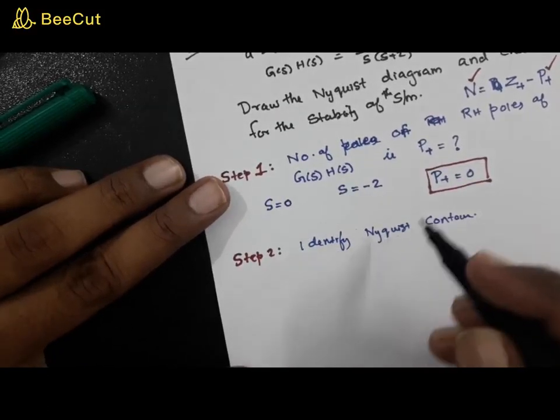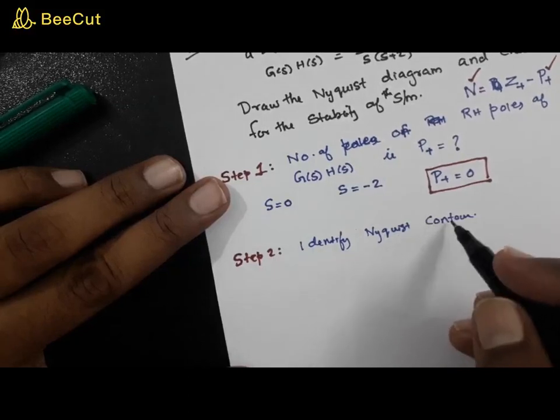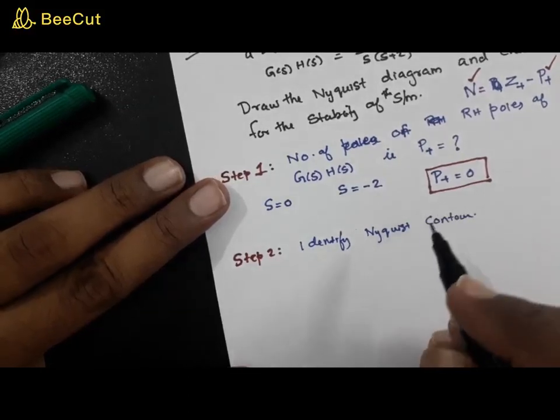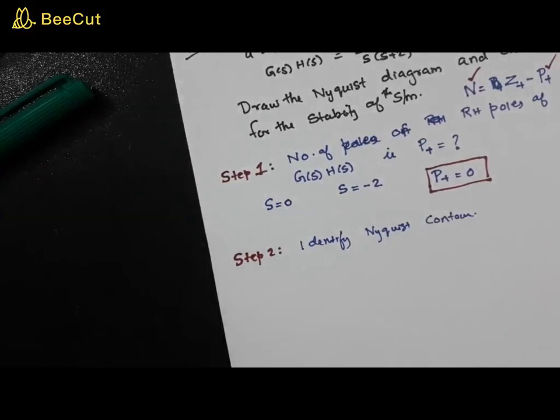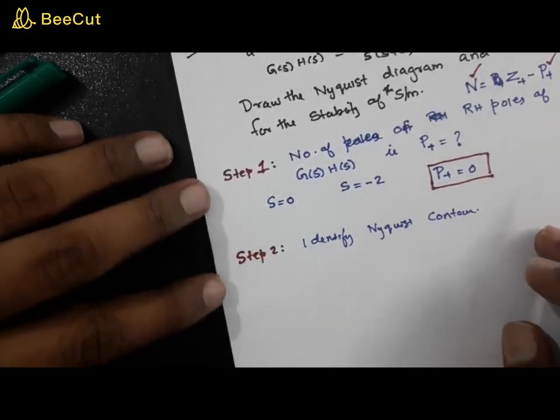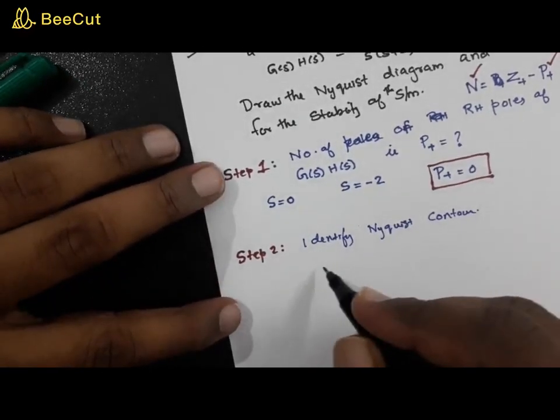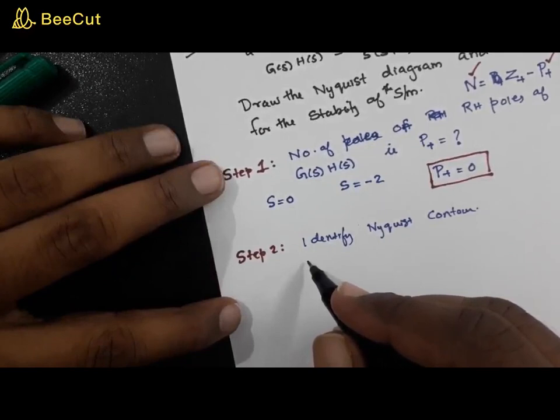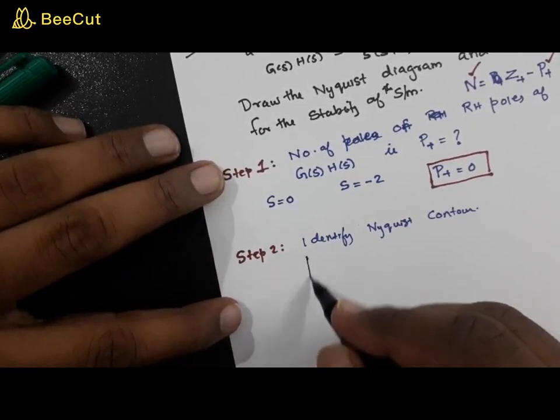So what is the meaning of contour? Contour is just the path traversed from one point to the other. That's all, it just refers to the path. The path of our concern is this: we need to map the whole of the right half of the S plane.